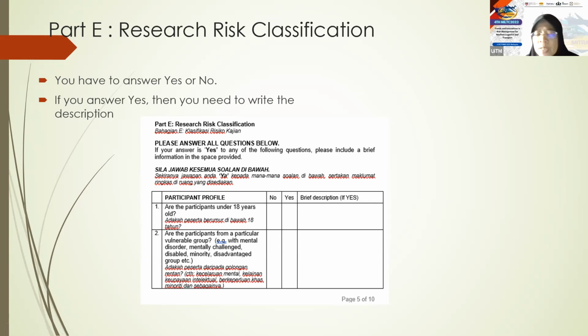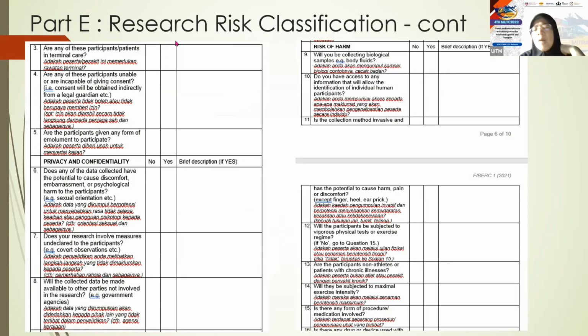But I'm not saying that you cannot do such research. You can still do that, but you will need to do it properly. And then the research ethics committee will also be helping you to be responsible for whatever is the effect of that particular research. Okay, there are more questions.